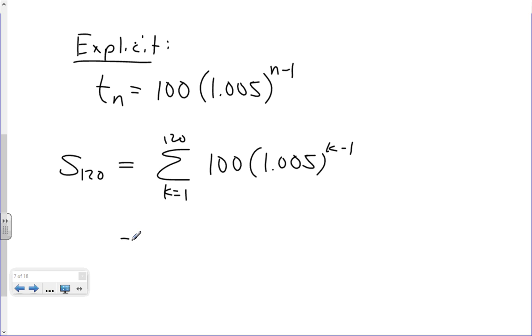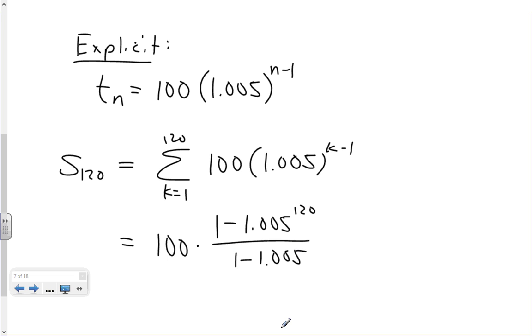But we have a nice little formula that we just wrote down to help us calculate this partial sum. It's the first term times 1 minus my ratio raised to the nth power, which in this case is the 120th power, divided by 1 minus my common ratio.